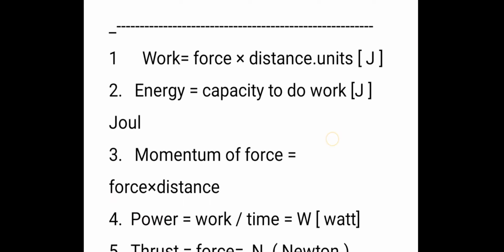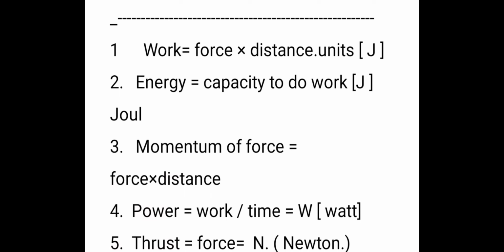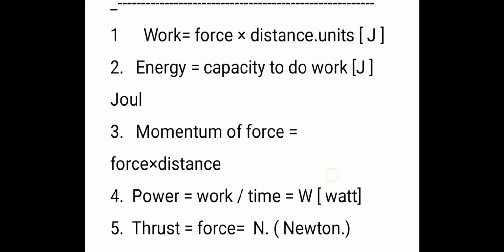Okay, some small formulas, you must remember these formulas. These are the most important formulas for us. Work means force into distance. Work means how much work is done over the distance traveled. So it is force into distance, unit joules, work done by a body.